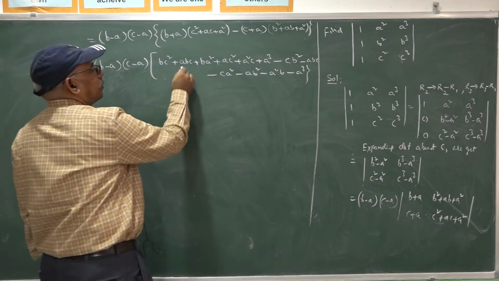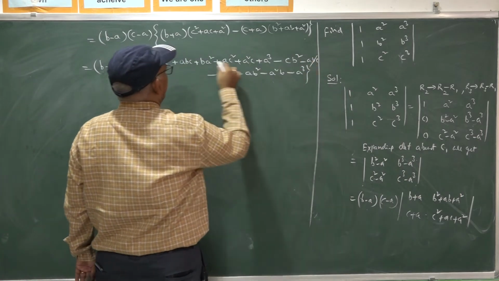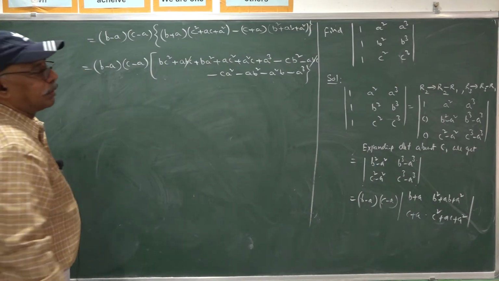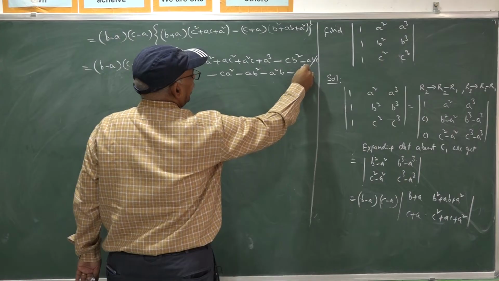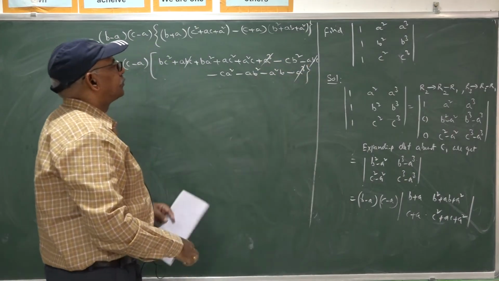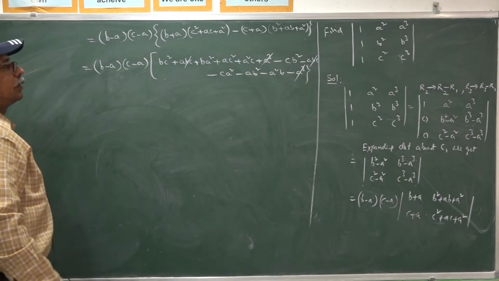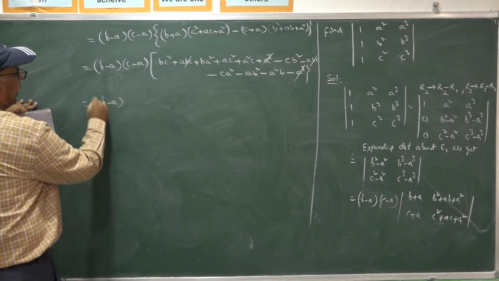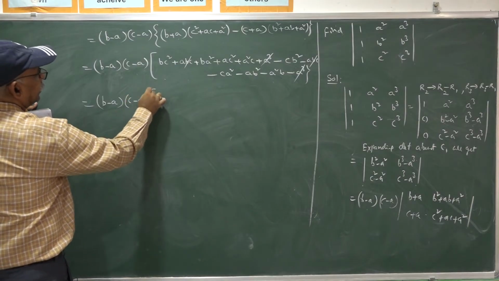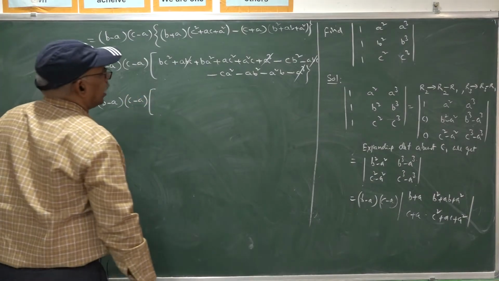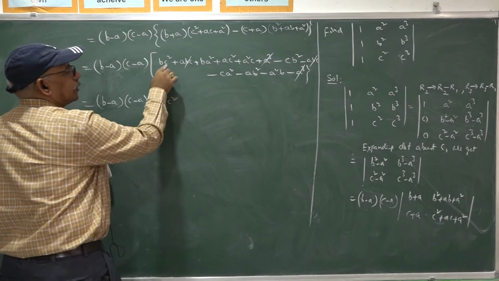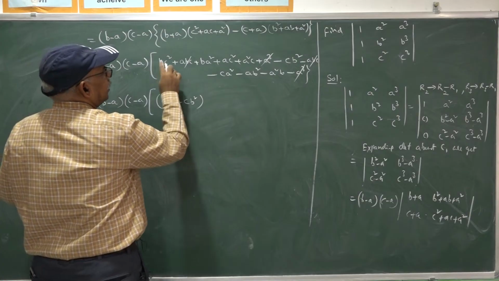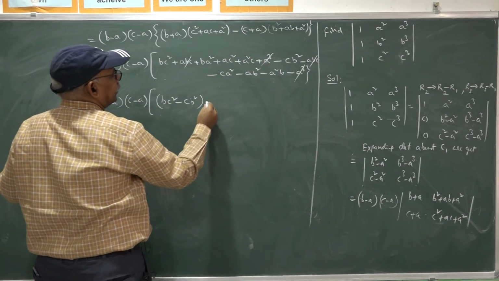Now here plus ABC minus ABC cancel, and plus A cube minus A cube cancel. Collect the remaining terms: B minus A into C minus A into, collecting BC square here and minus CB square here, taking these two as one pair.